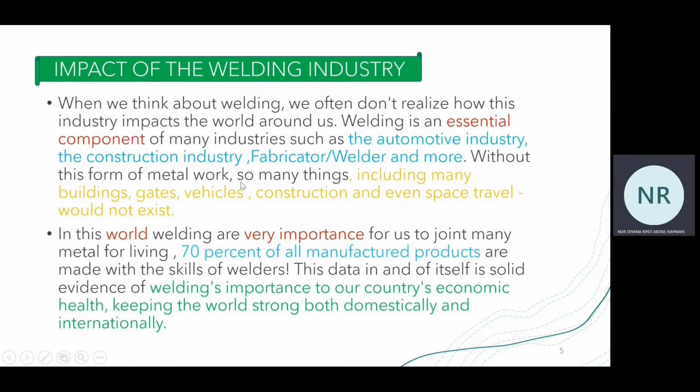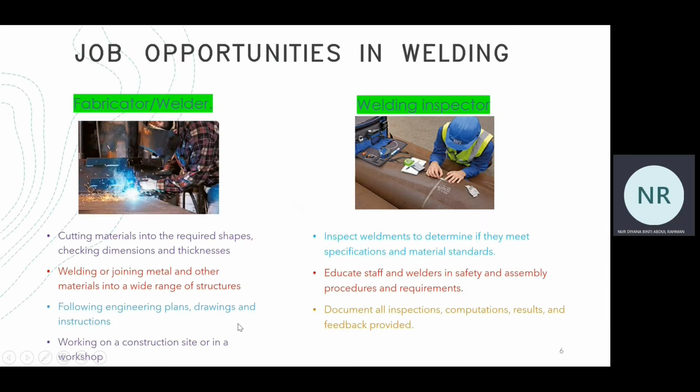Without this form of metalwork, so many things include many building, gates, construction and even space travel will not exist. So 70% of manufacturing products are made with the skill of welder. So this is two examples for job occupied in the welding. First, we have a welder.